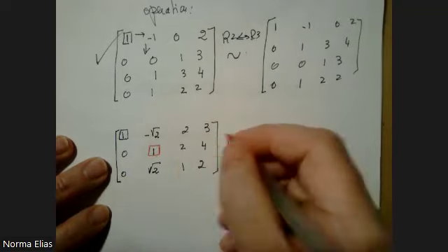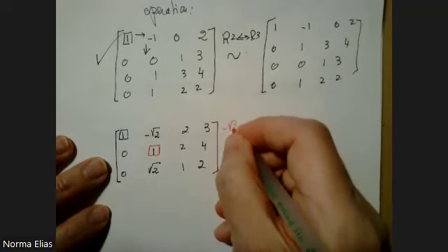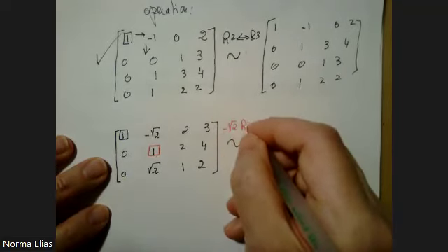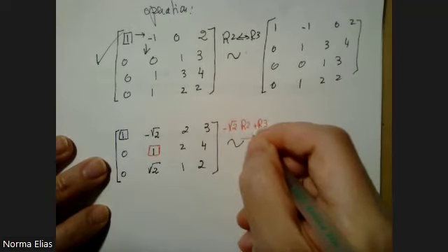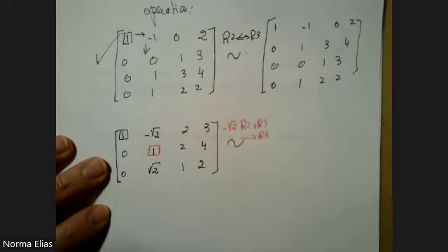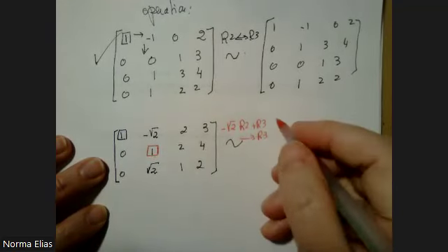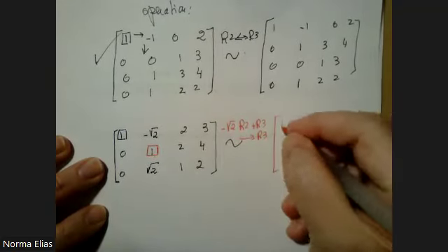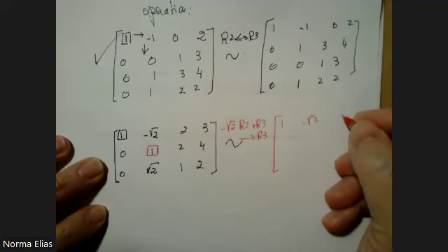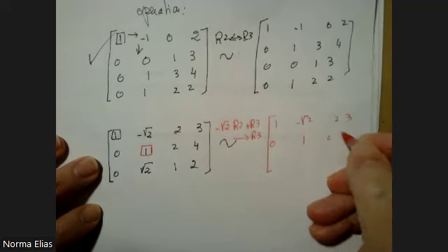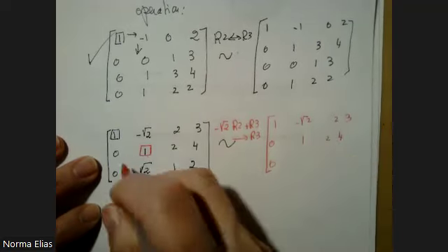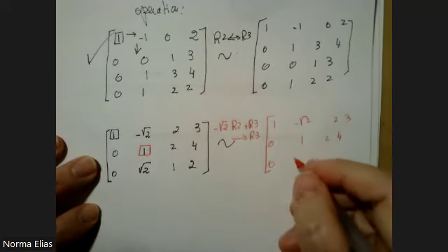I have to take the second row, multiply it by minus square root of 2, and add it to the third row, and this would be my new row 3. That's the only way out. So 1 minus root 2, 2, 3, 0, 1, 2, 4, 0, minus root 2, that's 0.